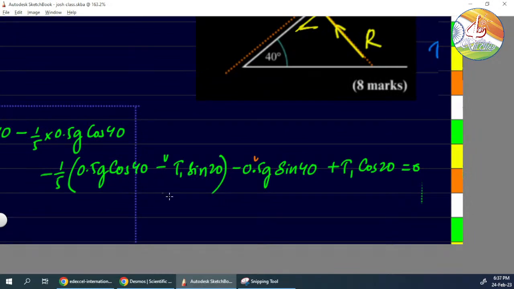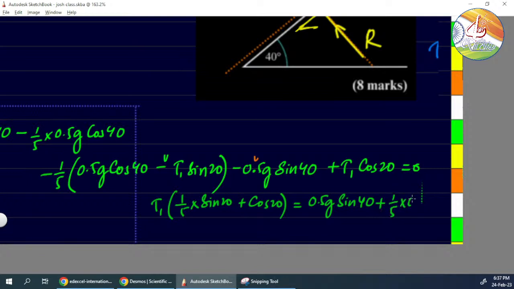So when you take that negative, the t1 terms will become positive. So this term becomes positive, that is 1 by 5 sine 20, and this will be positive again. On the right side it becomes positive, correct?